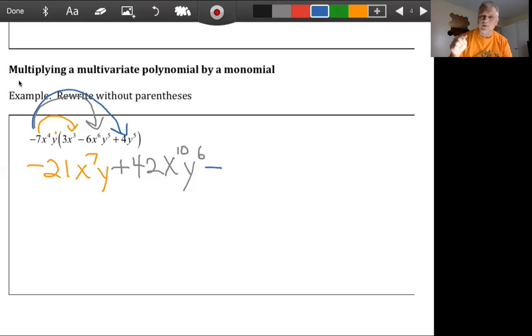So negative times plus is minus. 7 times 4 is 28. X to the 4th. So does x to the 4th have any x in this term to be multiplied by? No. So it just comes straight along all by itself, x to the 4th. Does the y to the 1st have anything to be multiplied by? Yes, it does. Y to the 1st times y to the 5th is y to the 6th.